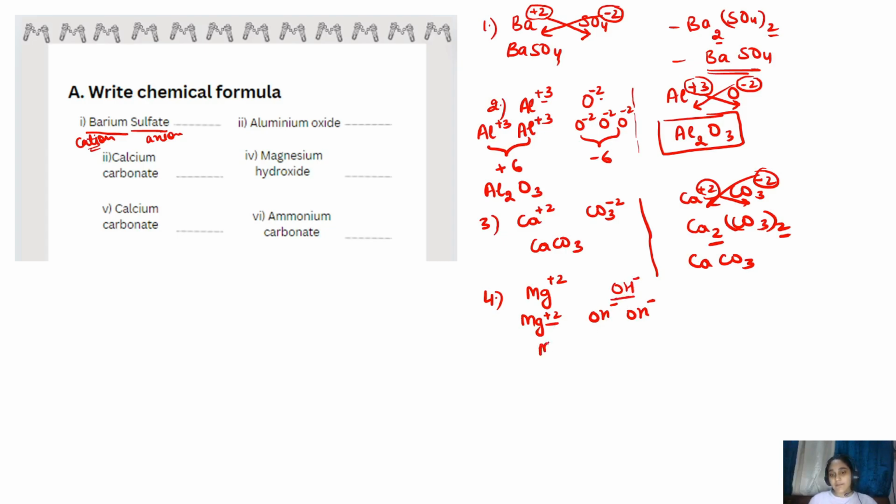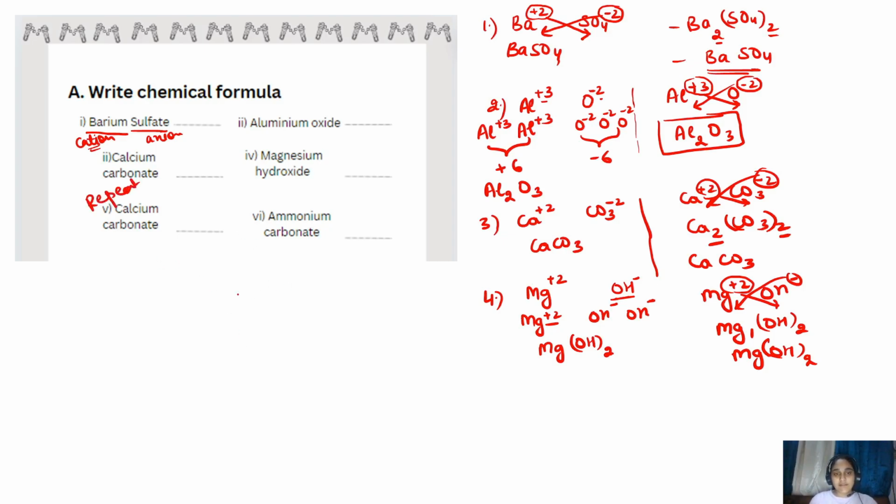So basically magnesium hydroxide will be Mg(OH)2. Or simply Mg 2 plus, OH 1 minus, this 2 goes here and 1 goes here, Mg1 (OH)2, or simply Mg(OH)2. So this will be the formula, and this is the repeat one.